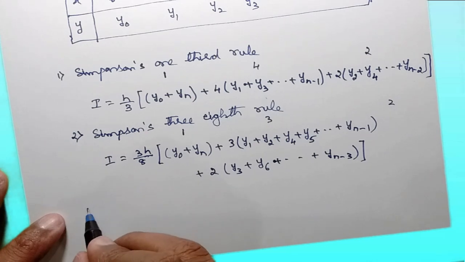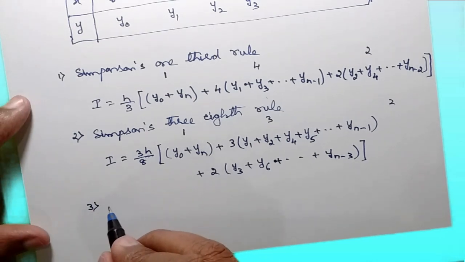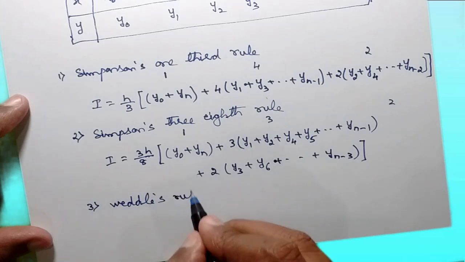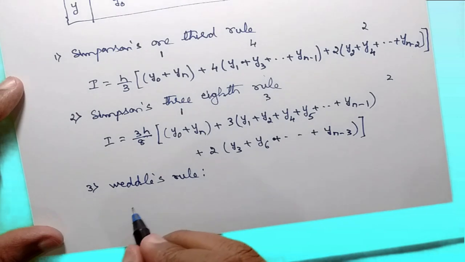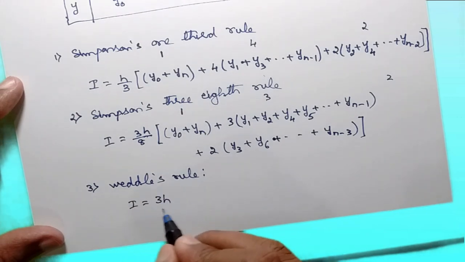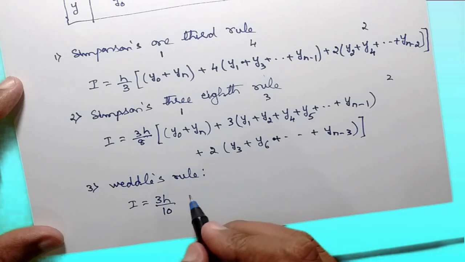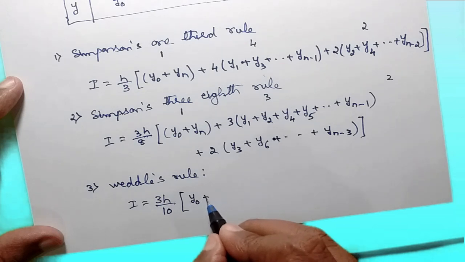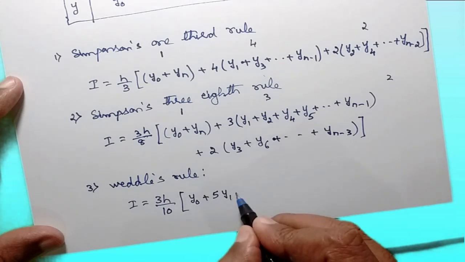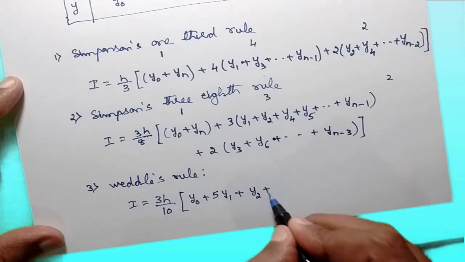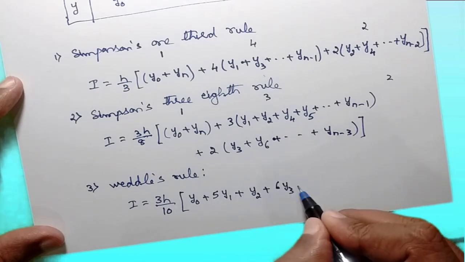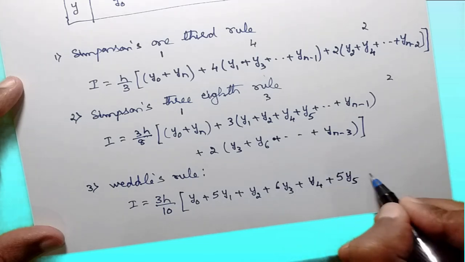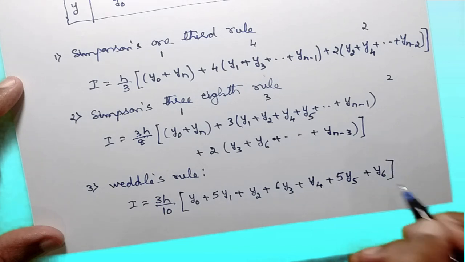Then coming to the next formula, which is called Weddle's rule. For Weddle's rule, the formula will be 3h by 10 times of y0 plus 5 times of y1 plus y2 plus 6 times of y3 plus y4 plus 5 times of y5 plus y6.